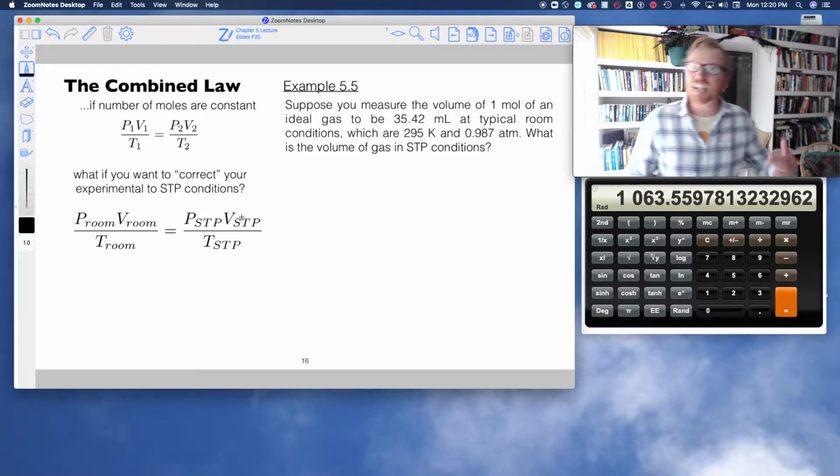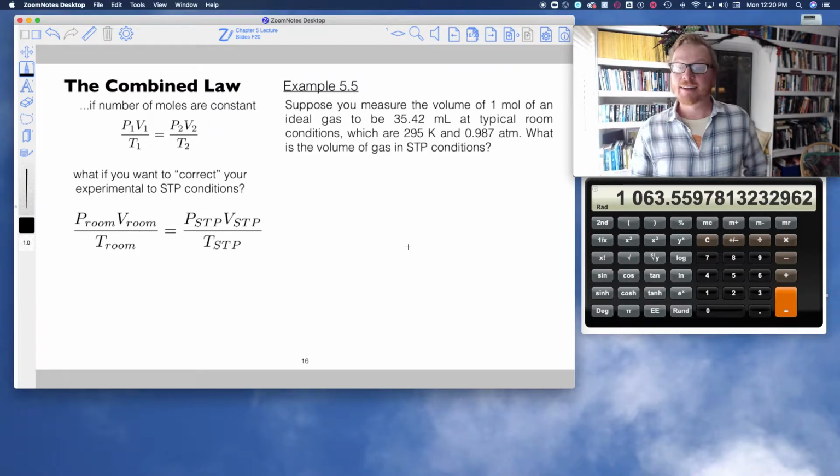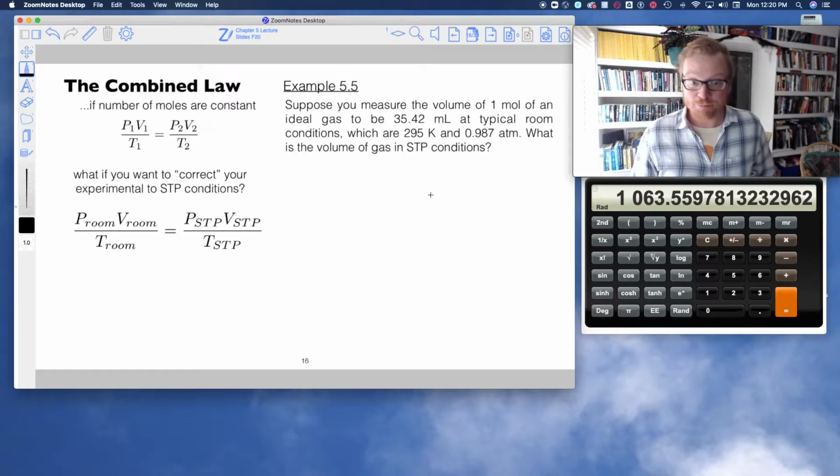And so what we can actually do with this, so I talked about that STP number, right? Well, we can use this to easily correct for what that should be. Because rarely, so remember what STP means, 1 atmosphere and 273 Kelvin, which is 0 degrees.